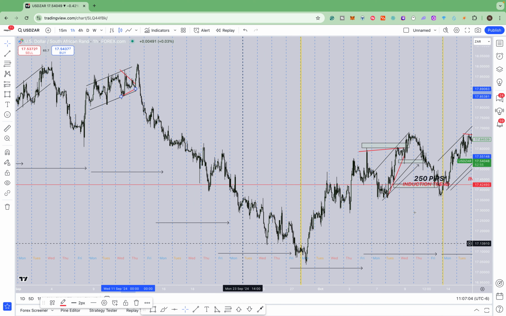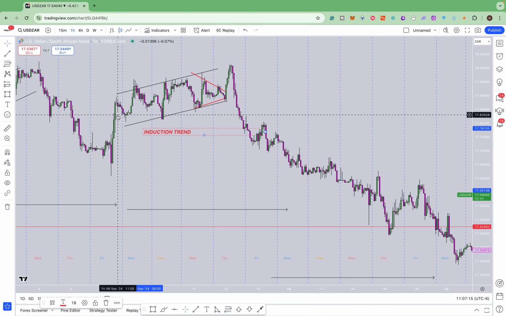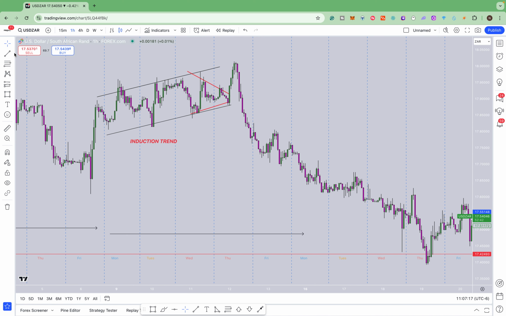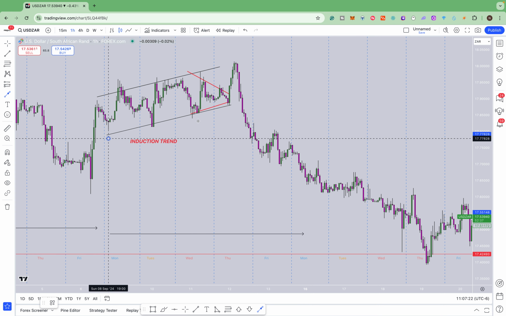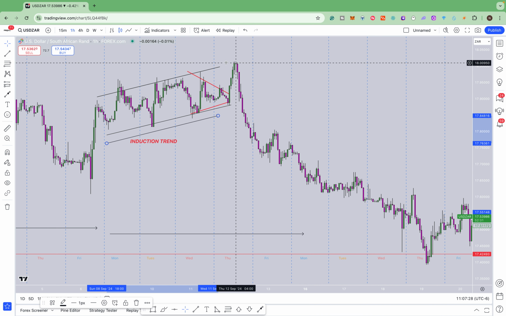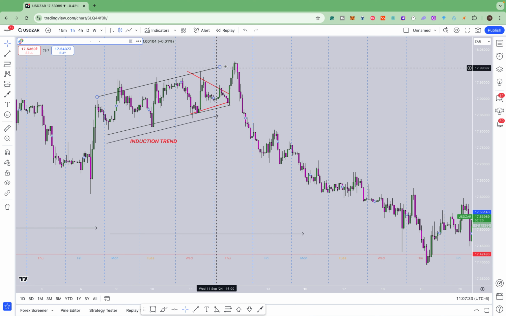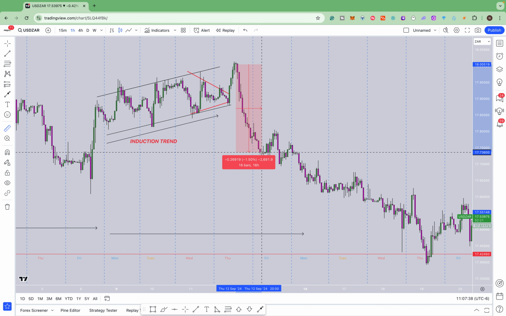So let's take the induction trend text and we'll copy it, put it right around here, just so you guys can see how frequently this happens. So once again, obvious induction trend, breakout past the highs of the week, and then a reversal. This reversal right off of the highs was, let's see, 270 pips.